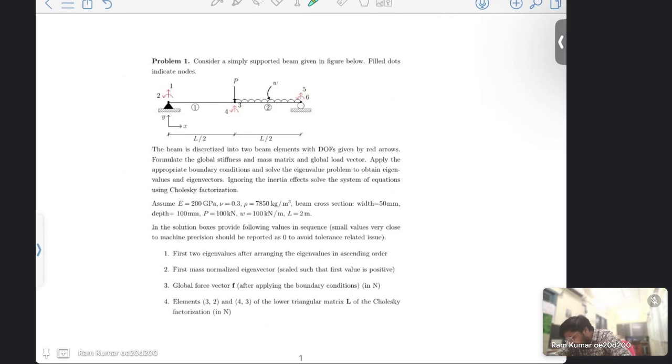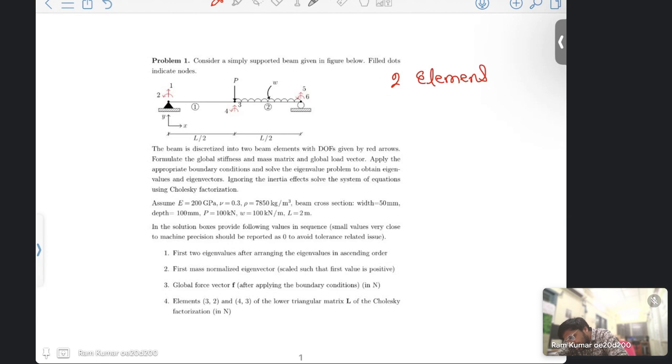They are saying it has a total of 2 elements, and each element having 2 degrees of freedom. That's fine.